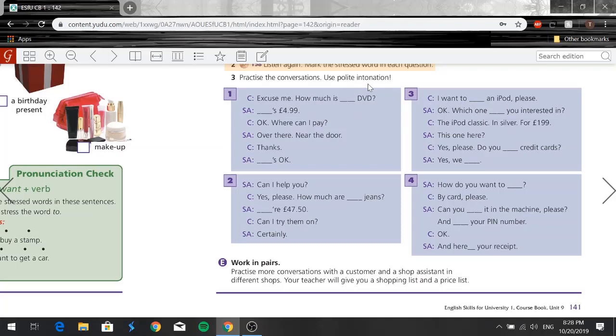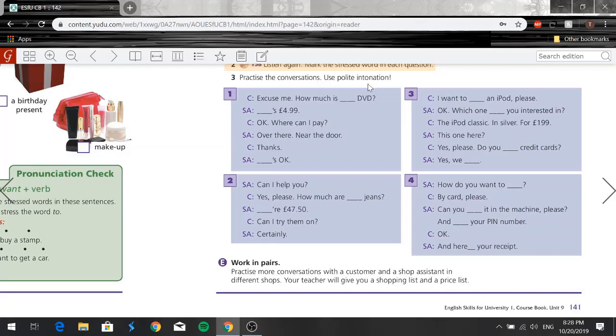You never talk to a shop assistant and he's rude to you. That makes him a bad shop assistant, and that increases his likelihood to be fired, okay? So try using the polite intonation when talking as a shop assistant and also as a customer. Don't ever be rude as a customer, both in real life and in conversations.